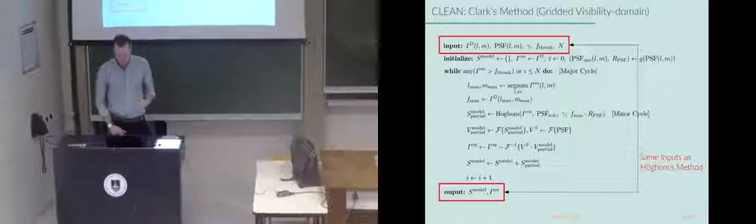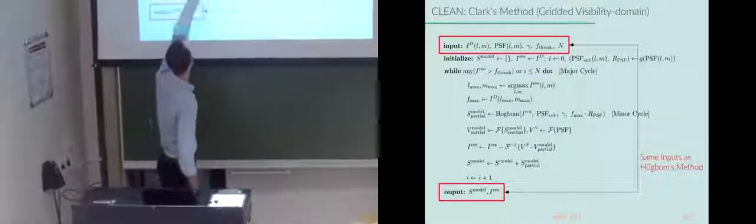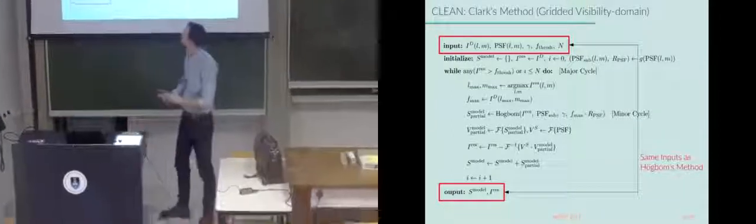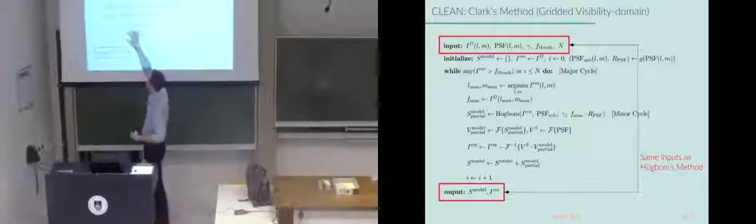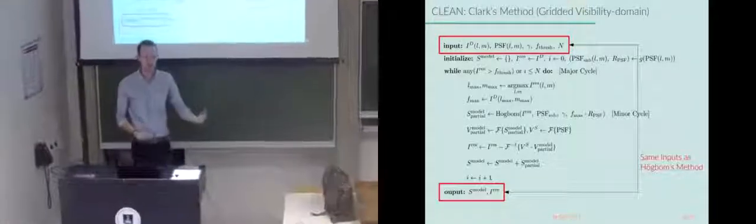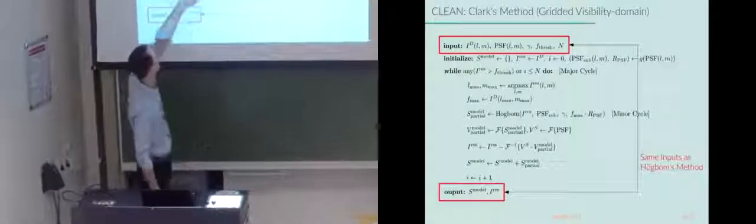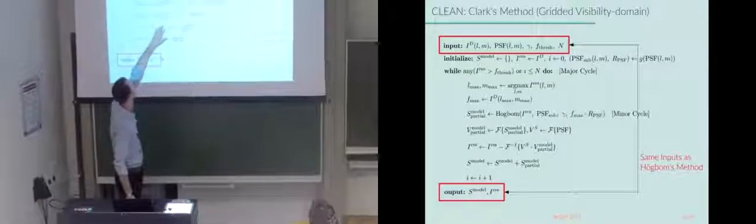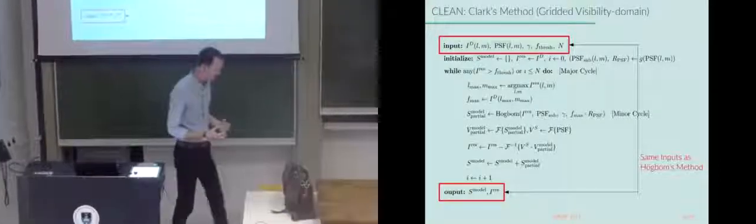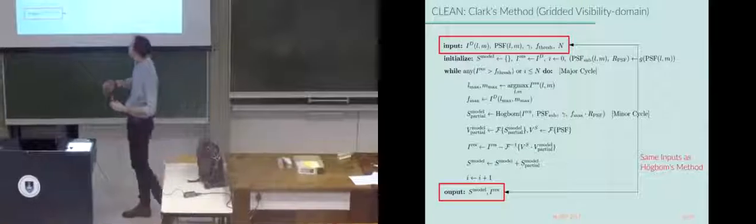So what you do is you say, well, I've produced some partial sky model with this shallow Högbom call. And I'll take that, remember, it's a bunch of delta functions. You can easily compute the visibilities of those delta functions as some complex phase and constants. So we produce some kind of a model visibility set from that partial sky model.